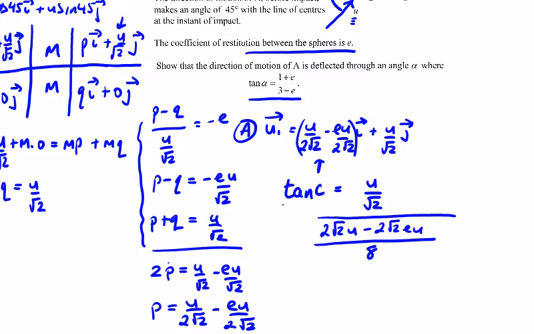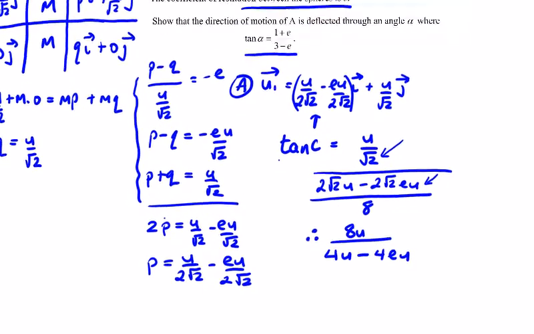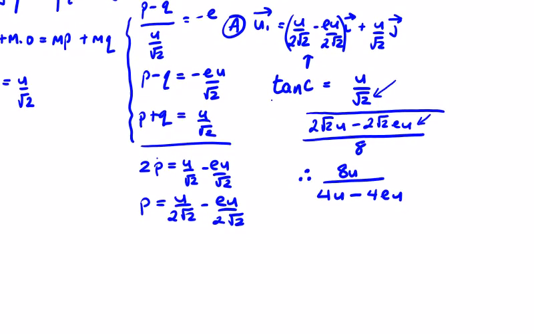So I turn this fraction upside down and multiply. Therefore I'm going to get 8u on top, and on the bottom, root 2 by 2 root 2 by u is 2 by 2, 4u, minus 4eu. So that's the tan of my angle.